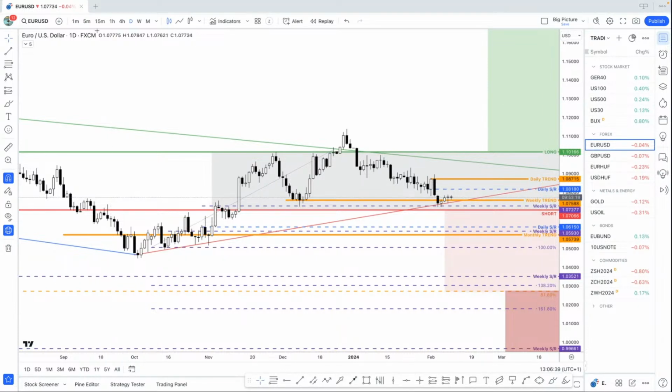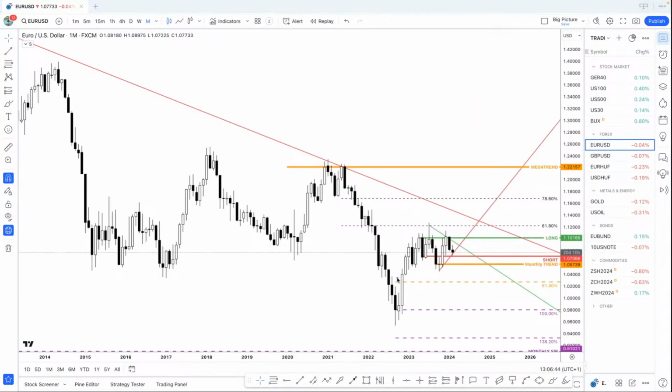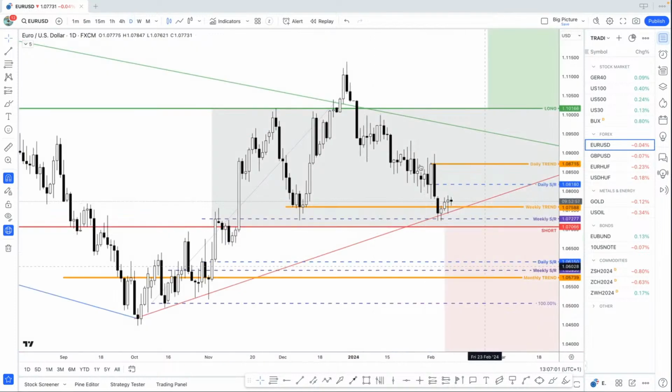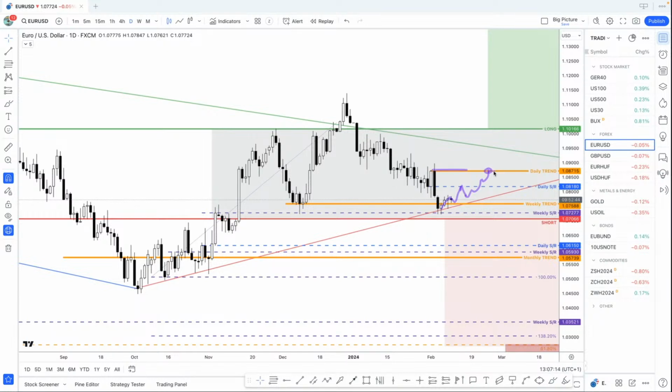If you remember from my analysis, it is here. So if this changes from here to here, it's a huge space. It's a huge space. So this will be the best. And of course, it can happen that the daily turns, tests this area, and then cannot go to a new low, comes up and breaks above this level, this daily trend.